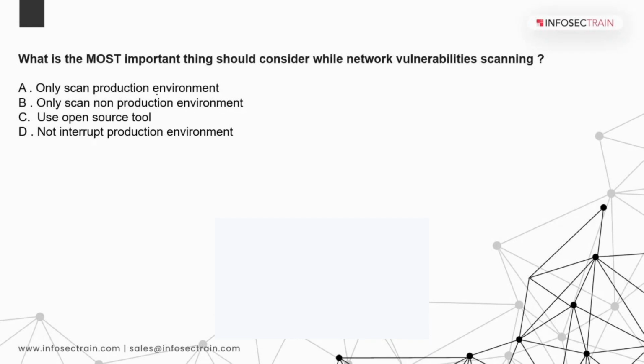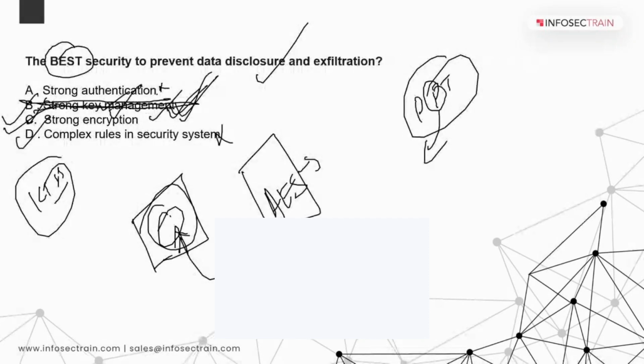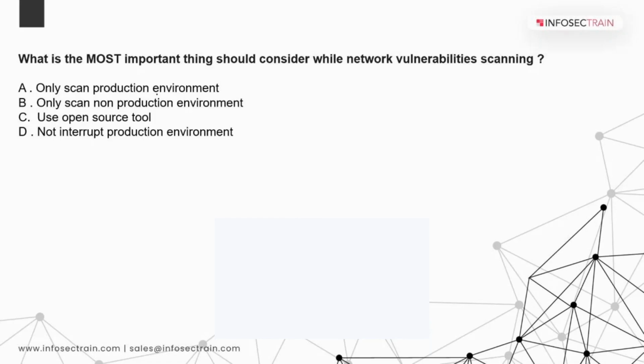Yes, it's encrypted, it's not visible, but if they have the key, they can easily decrypt. If you have strong key management, I can take your encrypted data but I can't do anything because I don't have the key. So key management always supersedes your encryption.